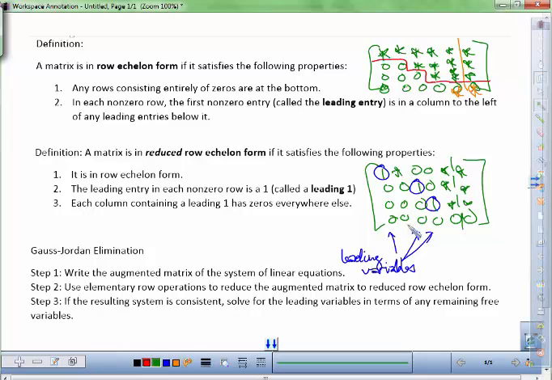And then we would have a couple of free variables. And those free variables will be represented by parameters when we're expressing our solution.